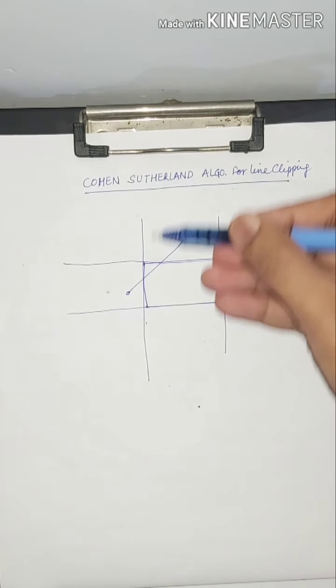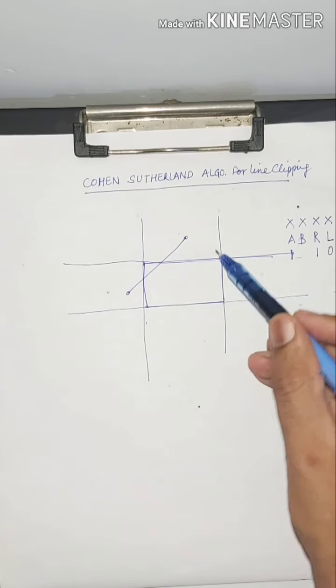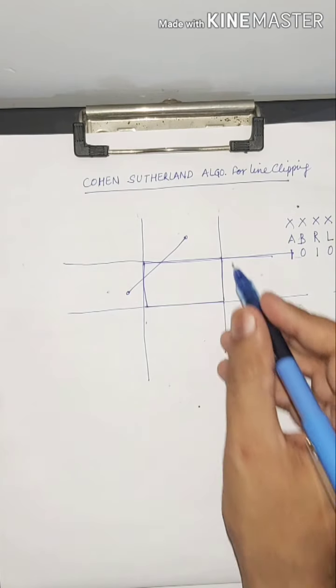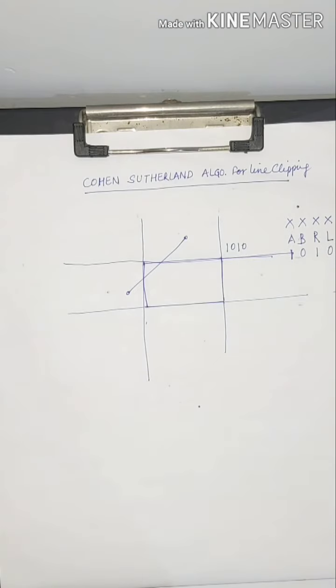This is above the window, so the above bit will be high, and it is not below, so it will be 0. So this region will be given the code 1010.